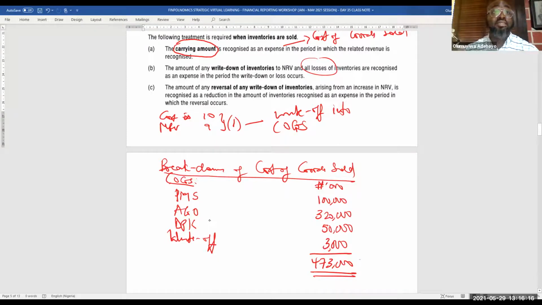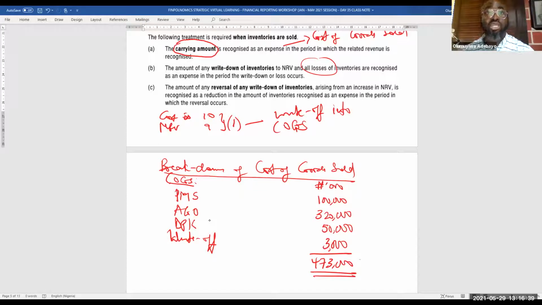And lastly, peradventure, in a subsequent period, your net realizable value reverses. Such reversal will be recognized, but to the extent that it does not exceed the original cost of the inventory if the initial write-down was not done.